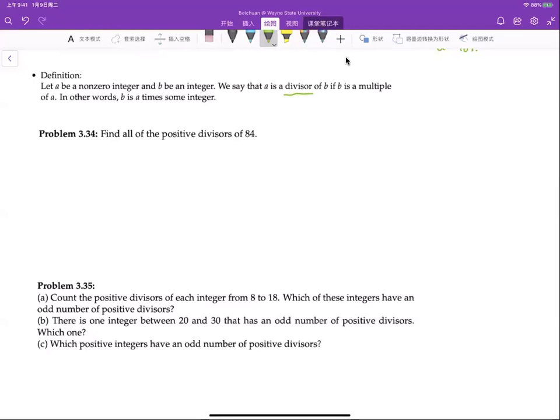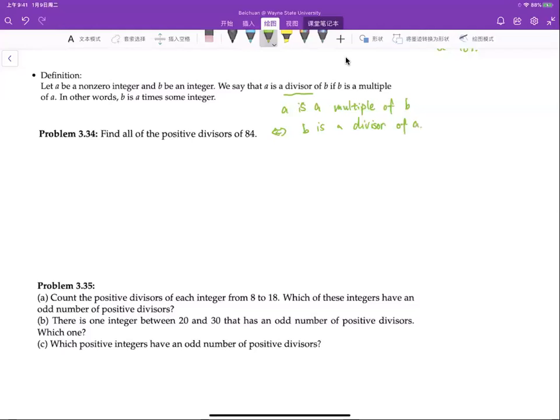So basically, A is a multiple of B. That's equivalent to saying B is a divisor of A. Right? So basically they are equivalent.